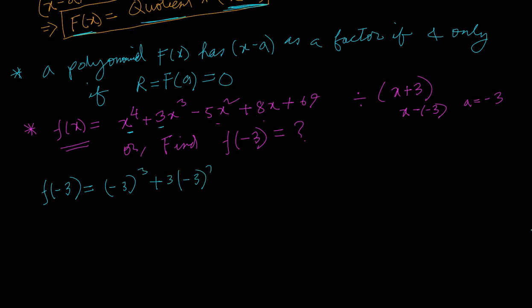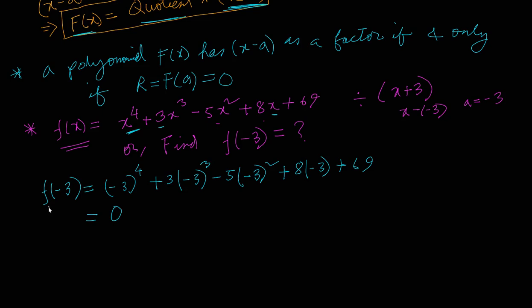I'm sorry, this is not cubed, this is going to be power 4, because remember this is x to the power 4, and this is cubed: (-3)^4 plus 3(-3)^3 minus 5(-3)^2 plus 8 multiplied by -3 plus 69. Okay, so if you punch it into a calculator, you're going to find this is 0.